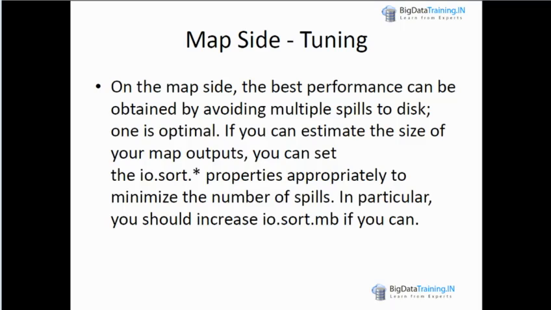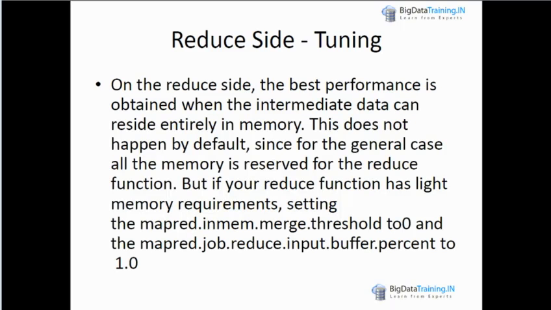That can be reduced by increasing your io.sort.mb property. If you specify that as 20 MB, then for 64 MB of block size you can do it in some 3 to 4 times rather than 16 times, which will improve your whole performance. This is one primary way of optimizing on the map side.